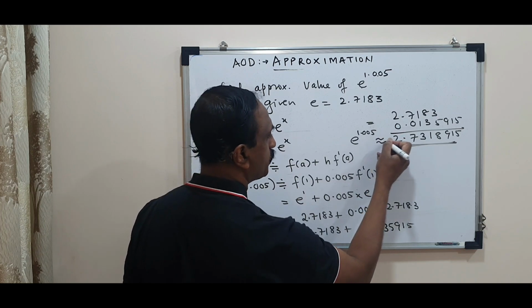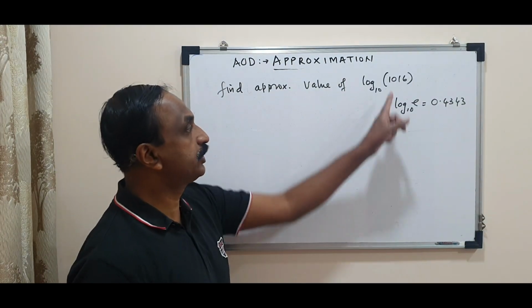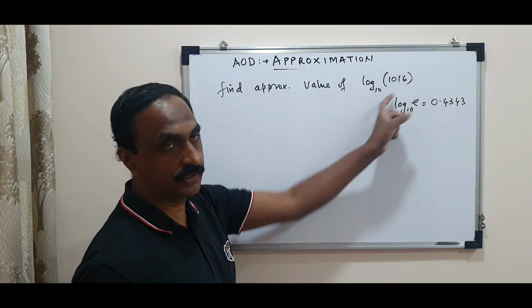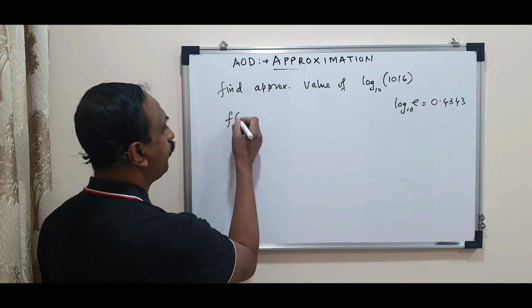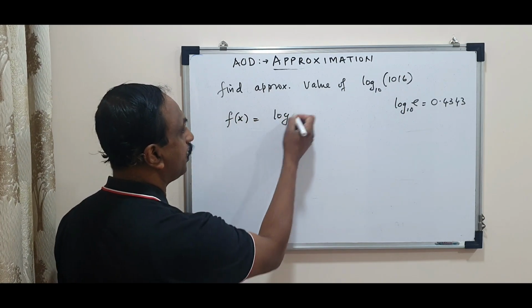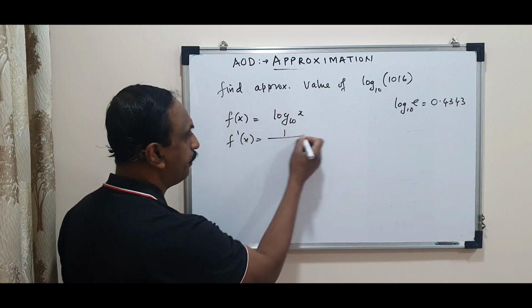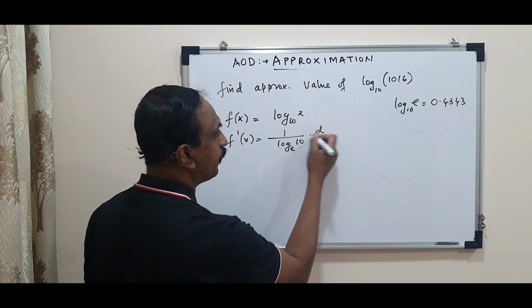Now the next question: find the approximate value of log 1016 to the base 10. Here the number is 1016. The function is log x to the base 10, so f of x is log x to the base 10. So f dash of x will be 1 by log 10 to the base e into the derivative of log x.